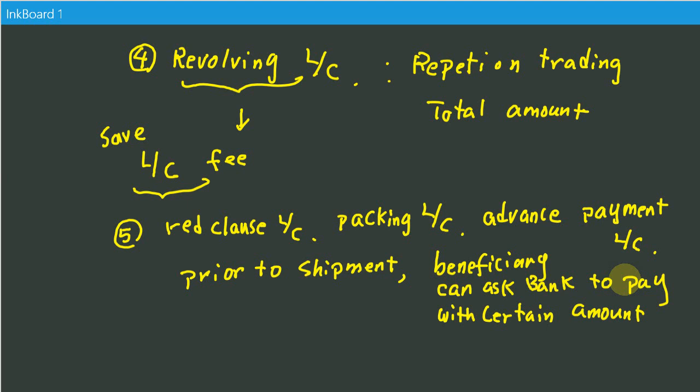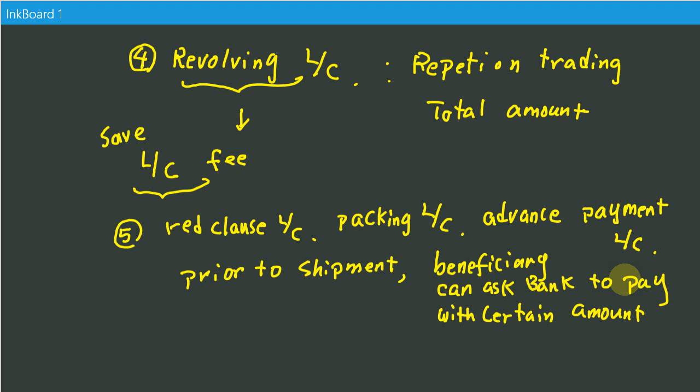So you have to keep in mind that this sort of advance payment letter of credit is quite available for the beneficiary who is short of funds to complete the contract. Okay, so the relationship between you and your customer is very important. If you have a very strong relationship, you can proceed with your contract even though you are short of money, right? So credibility is one of the most important items here, because we have many ways to overcome your financial crisis.